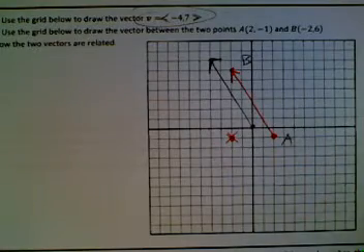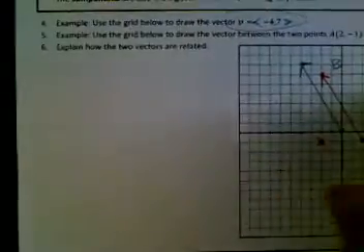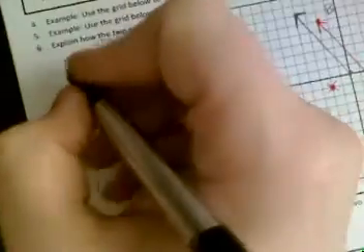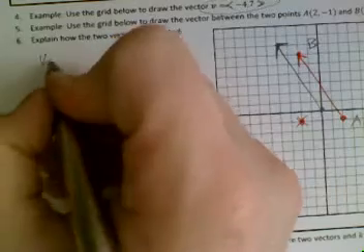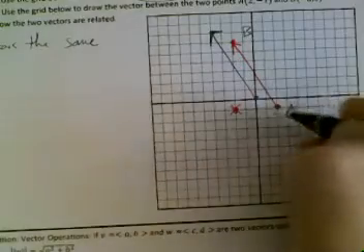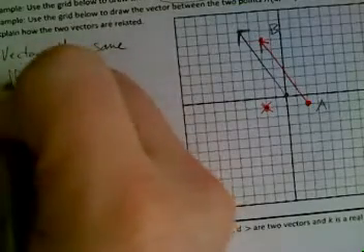In reality, when it says number 6, explain how the 2 vectors are related, we will call those vectors the same. Yes, they have different starting positions.